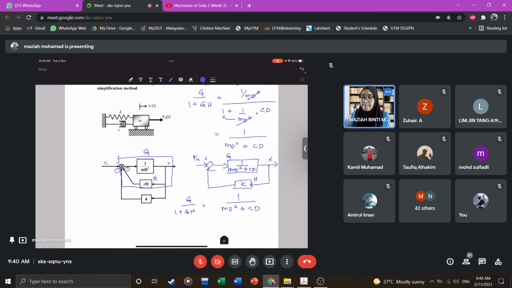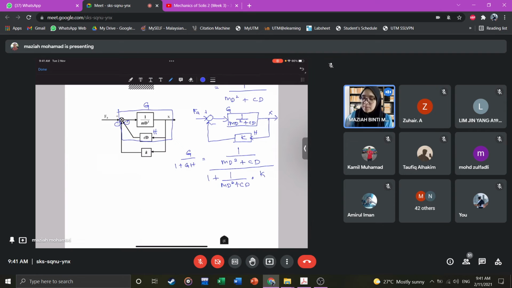Alright, sorry. Alright, so okay, we consider G is 1 over MD square plus CD. So there is G, 1 over MD square plus CD. The denominator will become 1 plus 1 over MD square plus CD multiplied with K. Okay, so similarly, we're going to multiply it here.